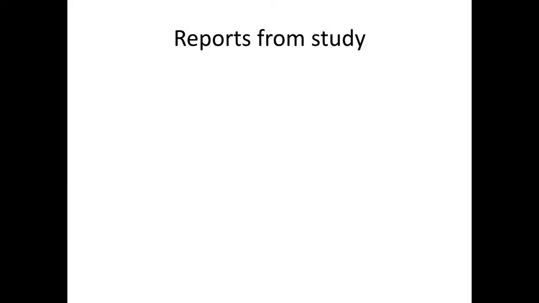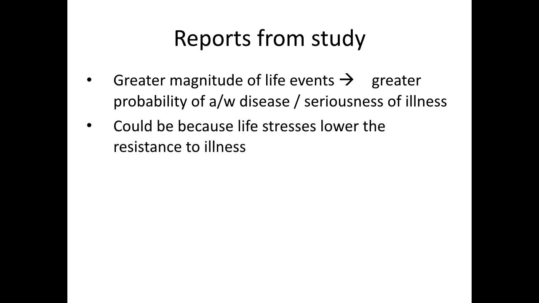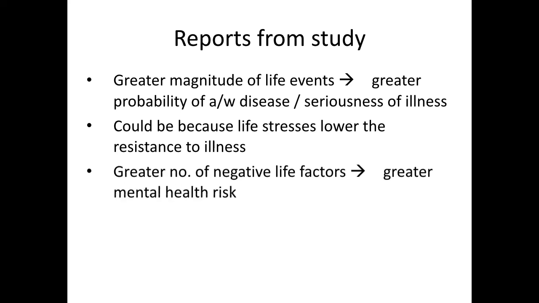Okay, there are reports from studies saying that greater magnitudes of life events would cause a greater probability of association with disease or seriousness of illness. This could be because life stresses lower the resistance to illness, and a greater number of negative life factors would lead to greater mental health risk.